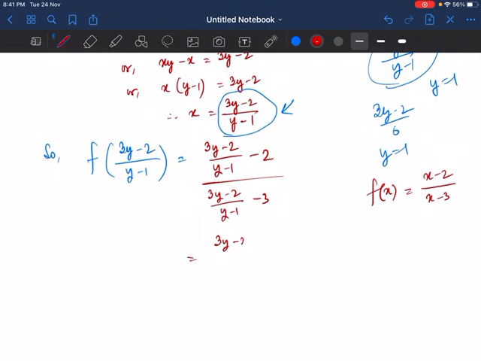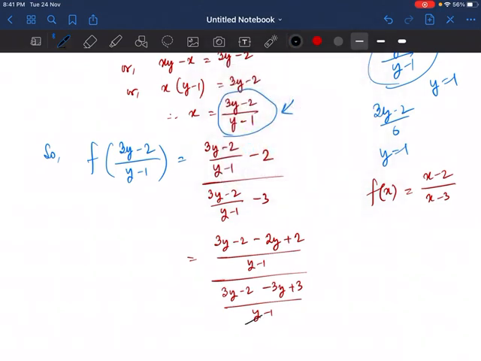If we get y, then that's it, the function is onto. So if we do the LCM, we get (minus 2y plus 2) divided by (y minus 1), then entire divided by (3y minus 2 minus 3y plus 3) divided by (y minus 1). So if you look carefully, this y minus 1 gets cancelled. In the numerator we have minus 2, this one gets cancelled, so we have y. In the denominator, 3y minus 3y gets cancelled, so we have 1. So you are getting y.